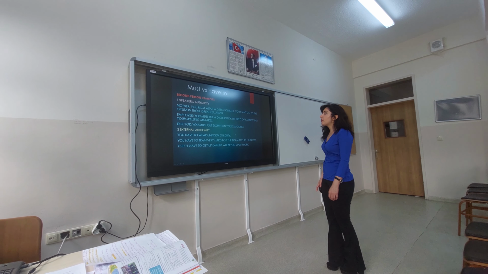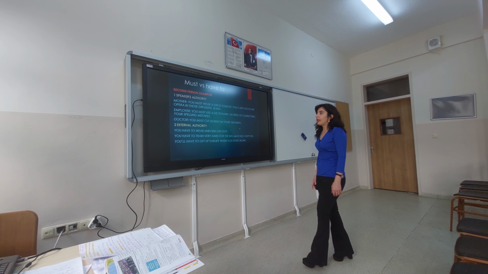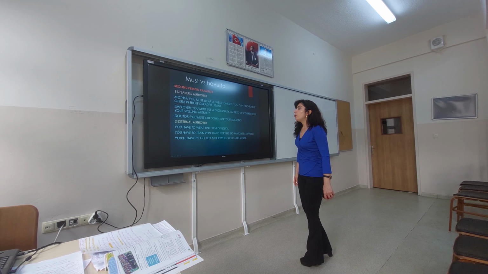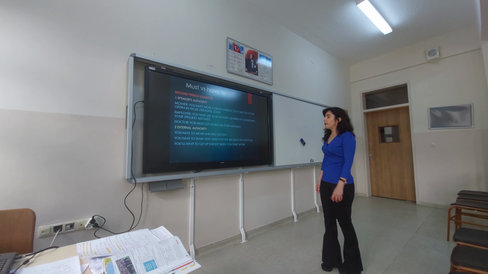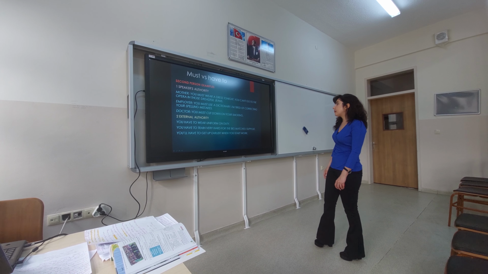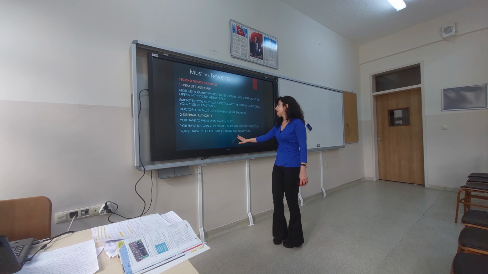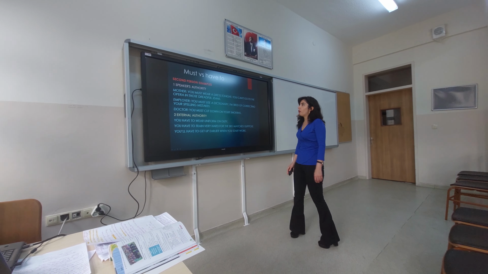Doctor: you must cut down on your smoking. External authority: you have to wear uniform on duty. You have to train very hard for the big matches, I suppose. You will have to get up earlier when you start work.